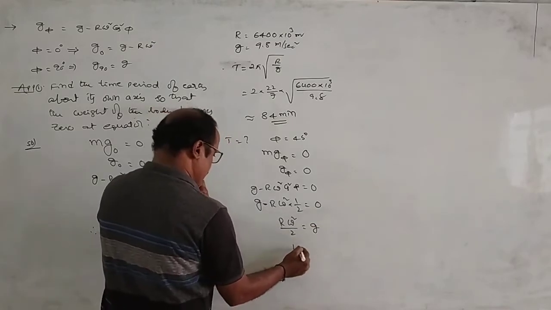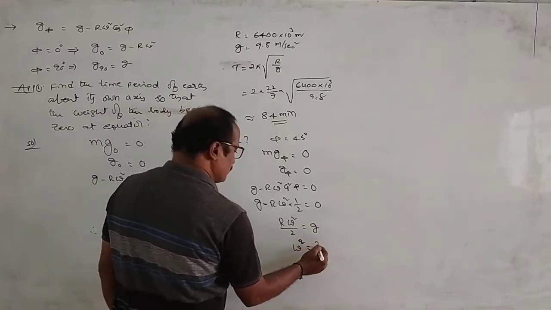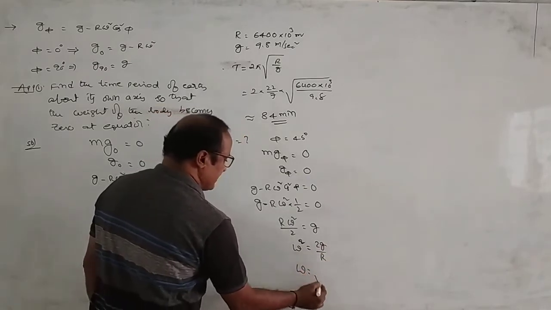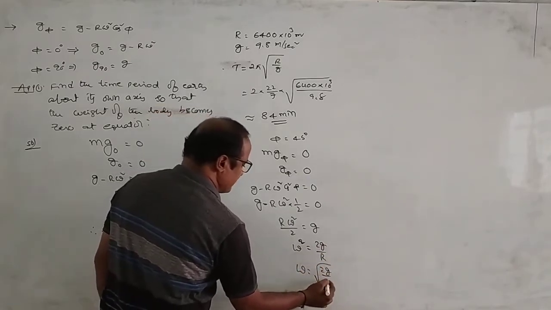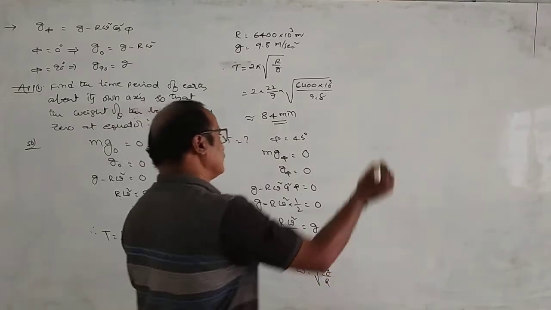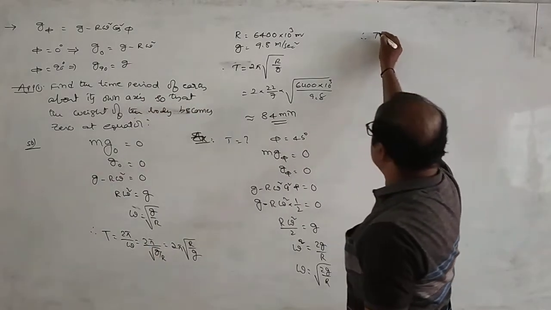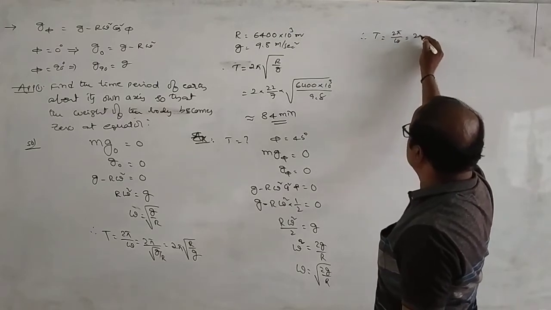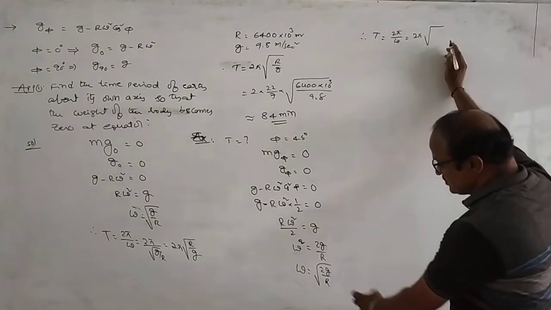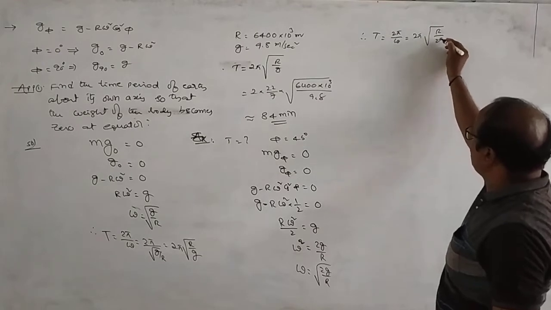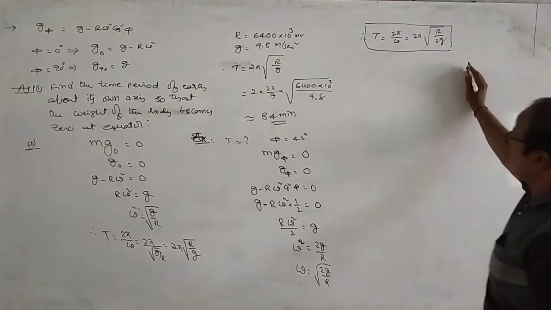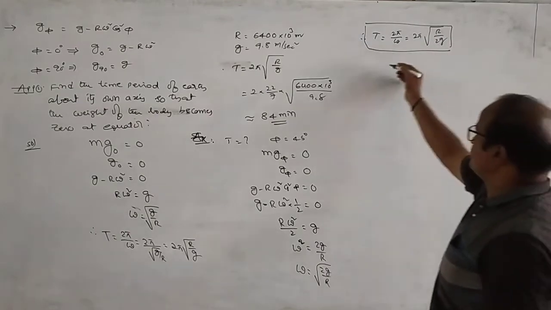Then omega square is equal to 2g by r, or omega is equal to root of 2g by r. Therefore, the time period of the earth about its own axis, T, is equal to 2 pi by omega, which is equal to 2 pi into root of r by 2g.